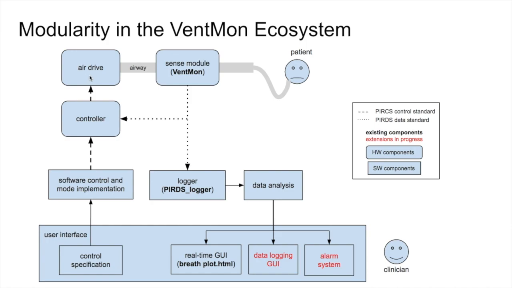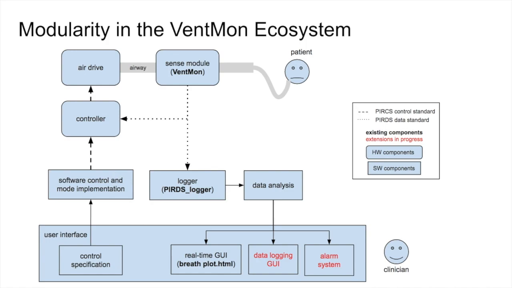So in our ideal ecosystem, we see that the PIRDS data standard is heavily used in addition to another data standard called PIRDS. PIRDS is the complement of the PIRDS data standard, and it provides control commands to the ventilator device.